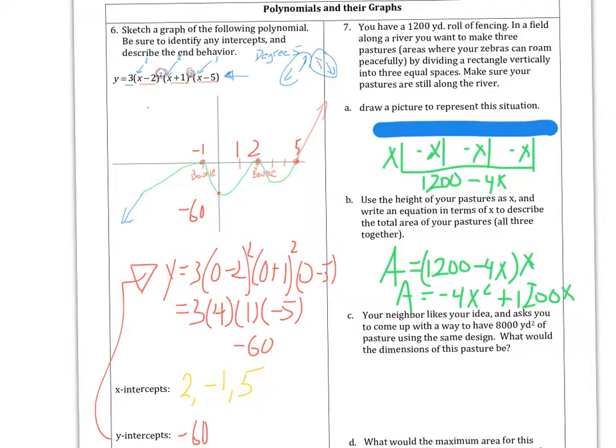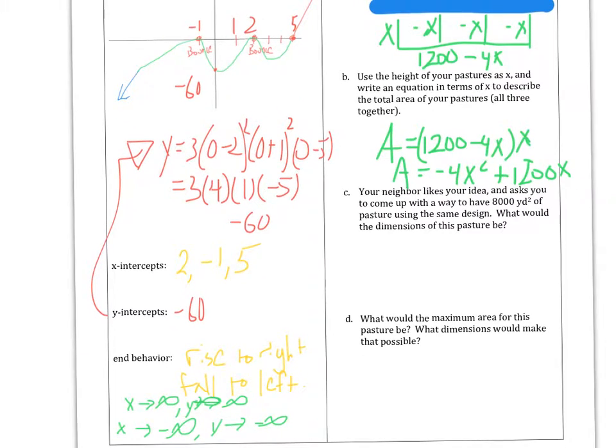Okay. Part C, the neighbor likes the idea and wants to use the same design to have 8,000 square yards of pasture. So that's the area. So 8,000 is equal to negative 4x squared plus 1,200x.